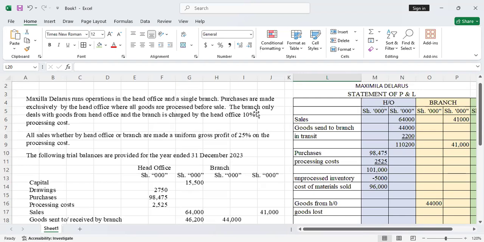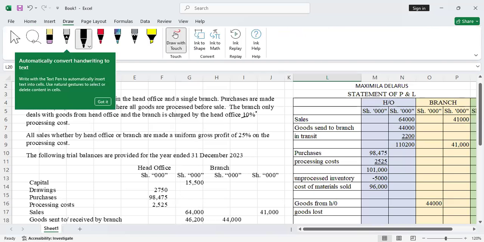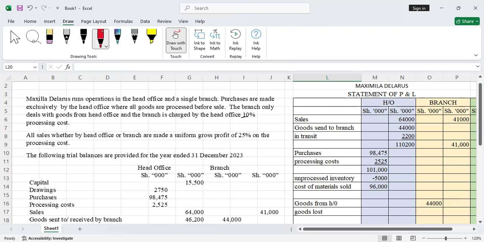It's important to know if it is 25%, it is 25% of what? Of the processing cost. There's another value here, 10%. And this 10%, listen to the story, the branch only deals with goods from head office. The branch is charged by the head office 10% of the processing cost.